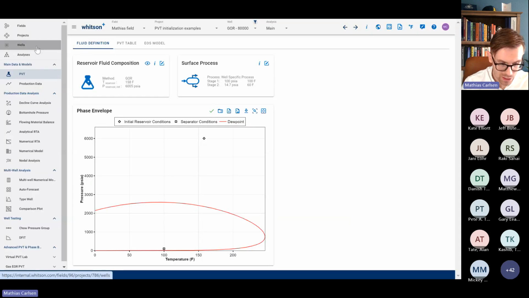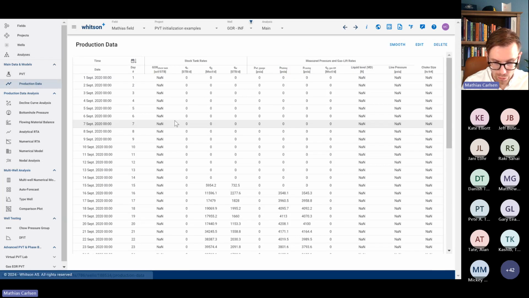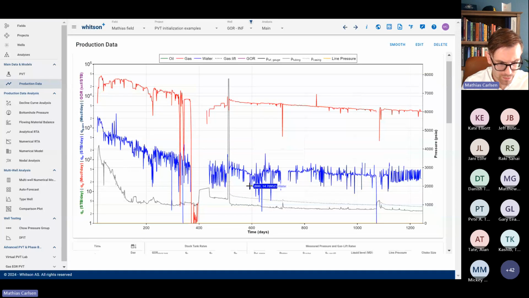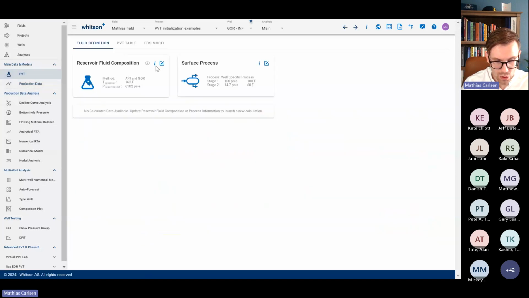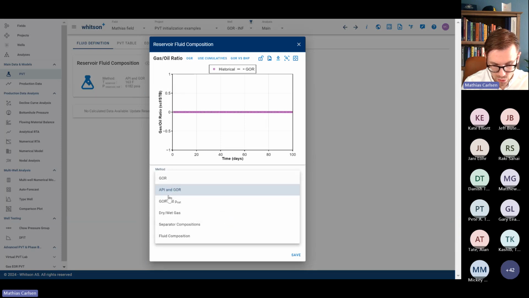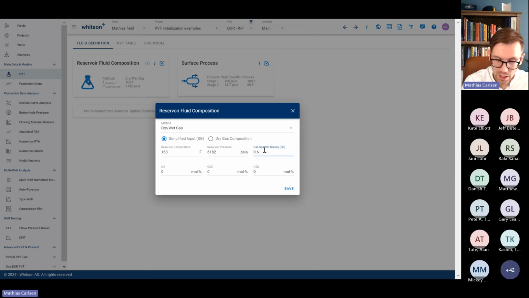The absolute last one is a case where the only thing that you're producing is gas and water. Then you need to use something different, and it will look like this in the software. You need to use the dry or wet gas composition method. Then you can input a specific gravity, for instance, 0.6.